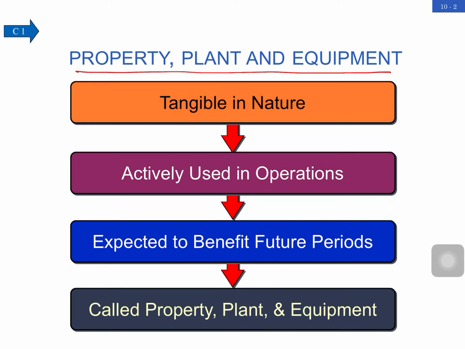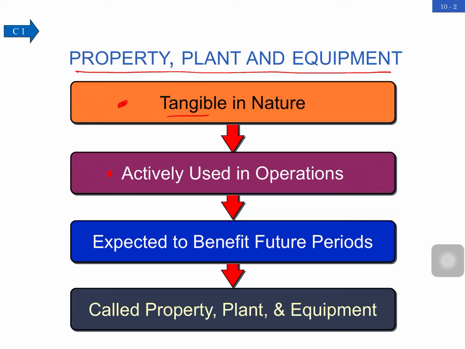PPE, or property, plant, and equipment, is tangible in nature. Tangible means we can see the asset, we can touch the asset, like it's a real thing. And it is actively used in operations, so that asset you use in operations every day.